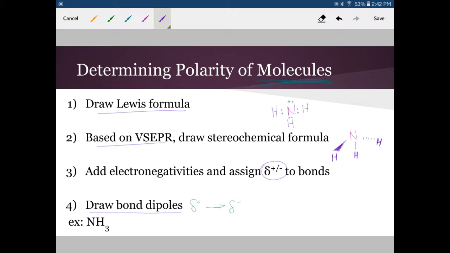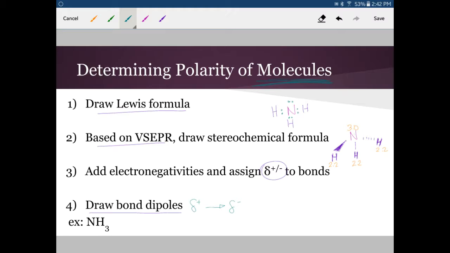Now, when we assign our electronegativities, we need to look at our periodic table and check out what the electronegativities of each atom are. Hydrogen is 2.2, and each hydrogen exhibits its own electronegativity, and nitrogen is 3.0. Now, when I compare these numbers, it appears to me that nitrogen has a greater electronegativity, which means nitrogen is pulling electrons slightly harder than our hydrogen.